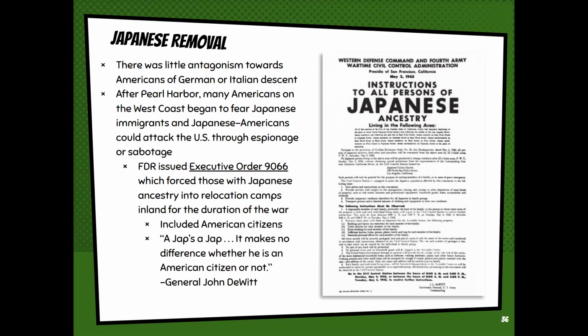And so with these fears, President Roosevelt issues Executive Order 9066, which forces Japanese immigrants and Japanese Americans, even citizens, into relocation camps so that they could be contained, and so that they would not pose a risk to the country.